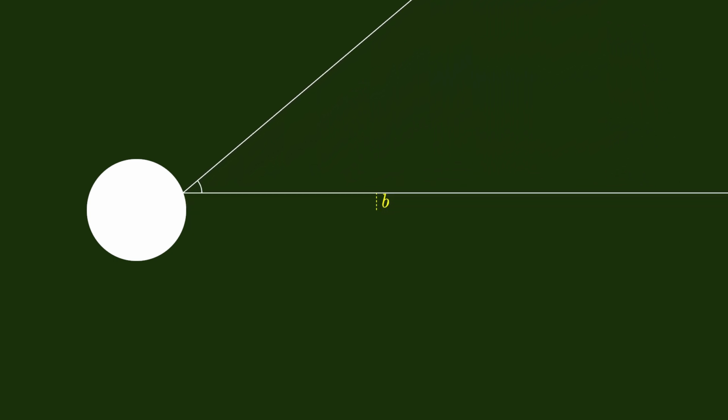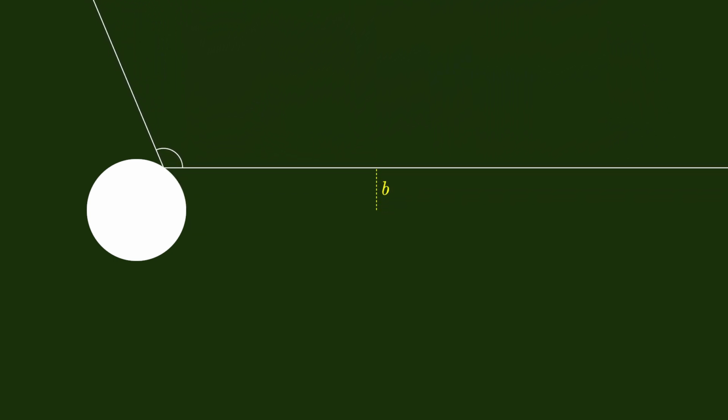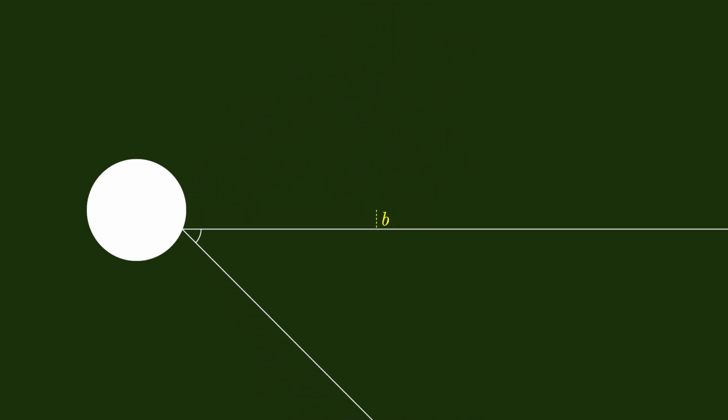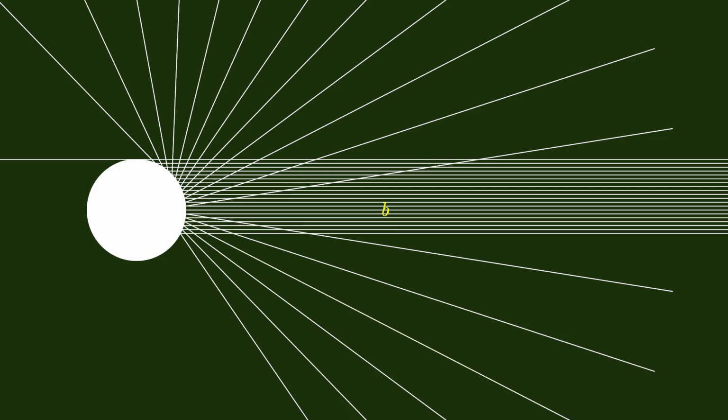So how do we do that? Let's consider the one-dimensional case first. For this case, the angle deflected just depends on the distance from the center of the sphere, which is commonly called the impact parameter if you saw the video on optics. So to find the average angular deflection, we can find the deflection for particles spread out evenly from the distance from the center, and then average those angles out.